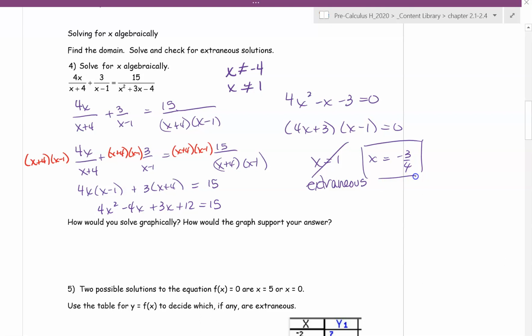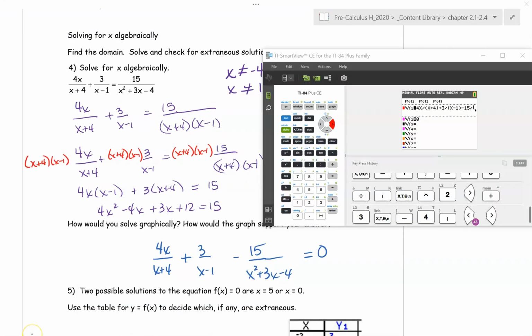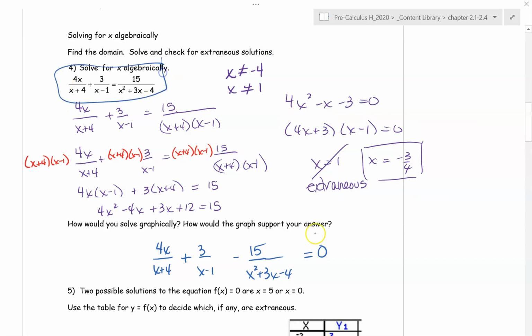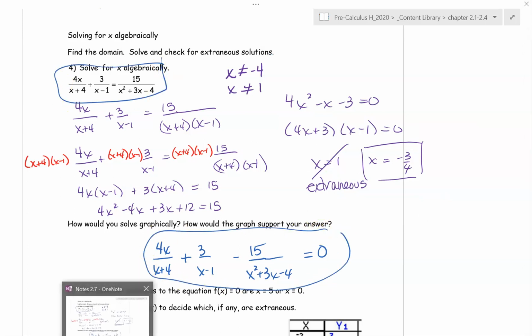And if you wanted to think about this graphically, if you grab your graphing calculator, so I'm going to check this. I could actually just subtract it to get 0 on one side of the equation over here.